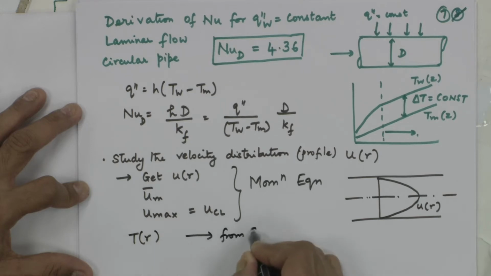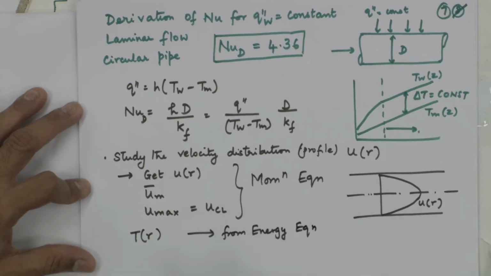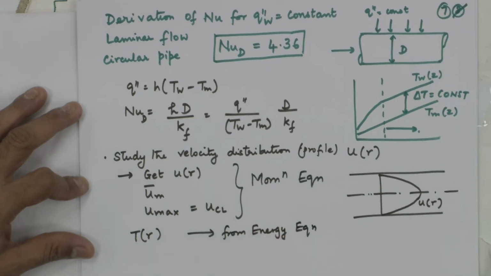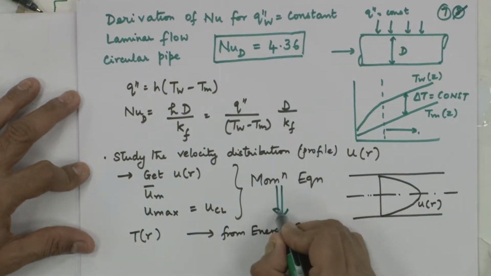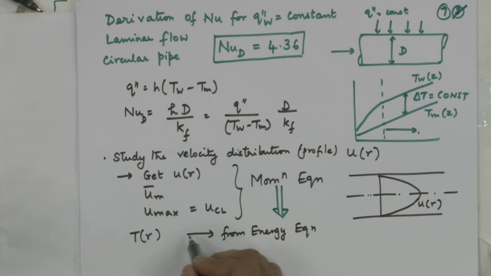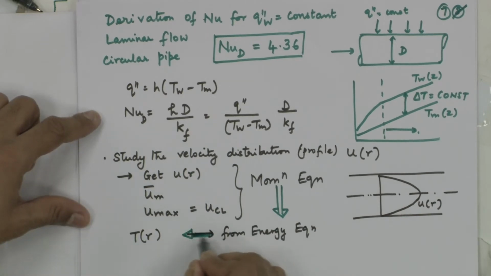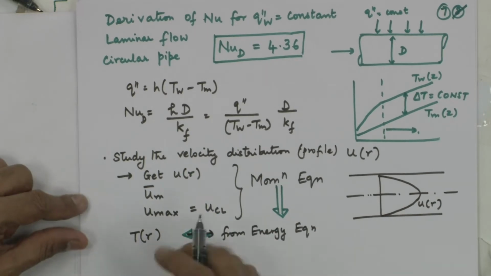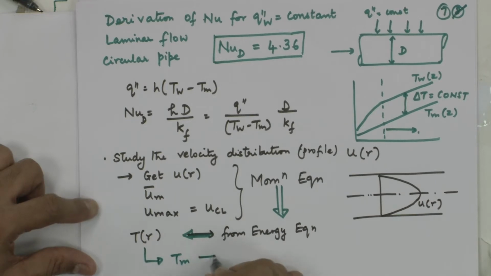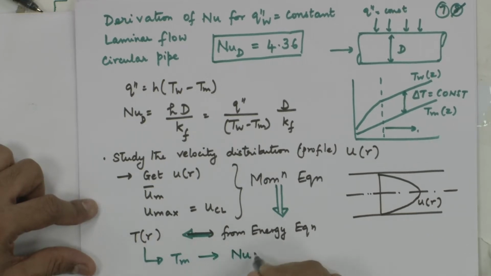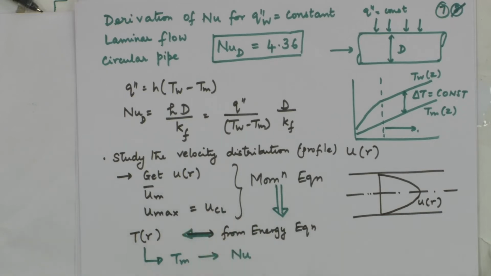Remember, when we go to the energy equation, the velocity distribution is fed in. So, there is a strong coupling between this information and the resulting temperature profile. From the temperature distribution, you get the T bulk mean, and from this, you get your Nusselt number. This is the logical path which we are going to take.